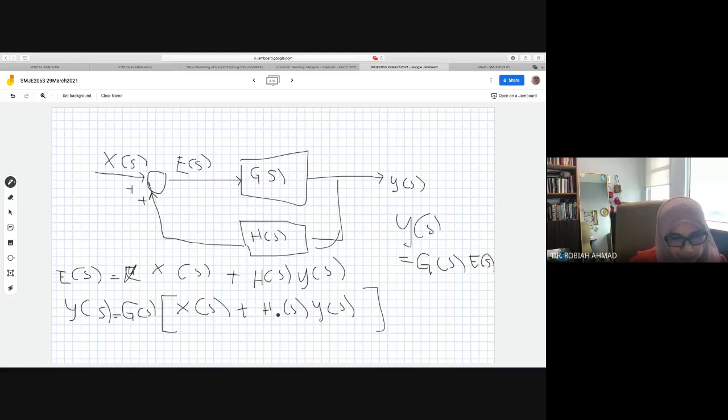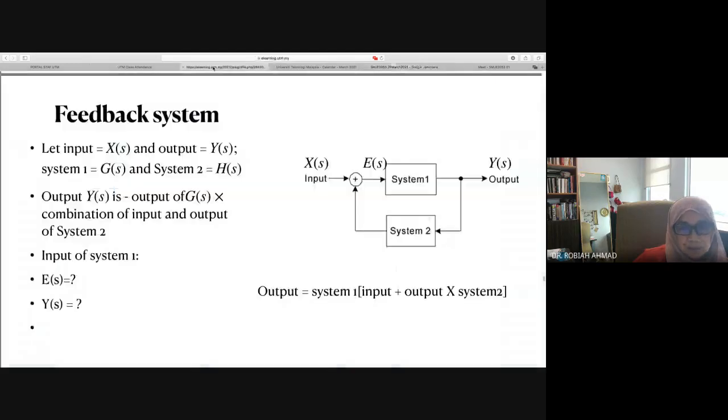Later we need to do this and so on. This one is the output of system 1, input plus output times system 2.